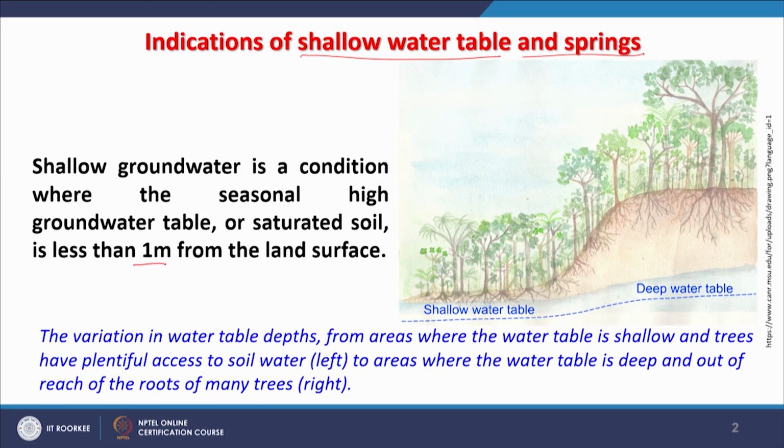Shallow groundwater conditions can occur even in hilly terrain like this. For a certain location here we are saying shallow groundwater table, and here, from the topographic surface, we are calling it deep, because here we get water at 1 meter depth, while it may be 5, 6 or 7 meters depth elsewhere.